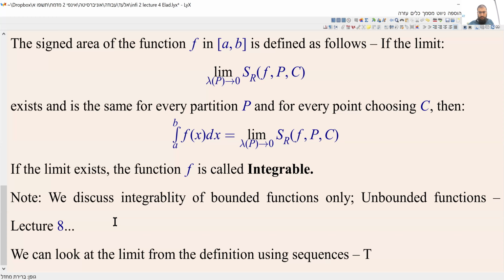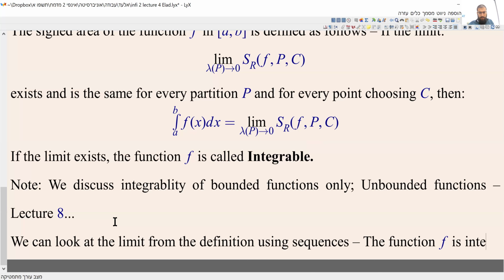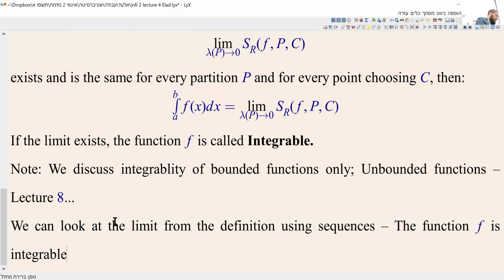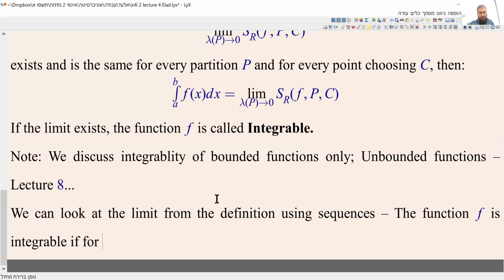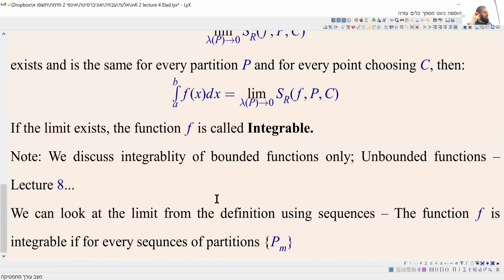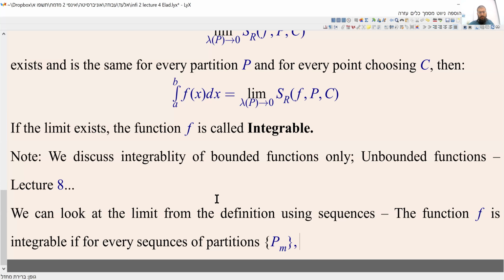The function f is integrable, meaning it does have a signed area, which we denote with this nice integral from a to b, is integrable if for every sequence of partitions, let's call it P_m. I use m as index because n is used for the points inside every partition. It's not very important, but this is why I changed the letter.